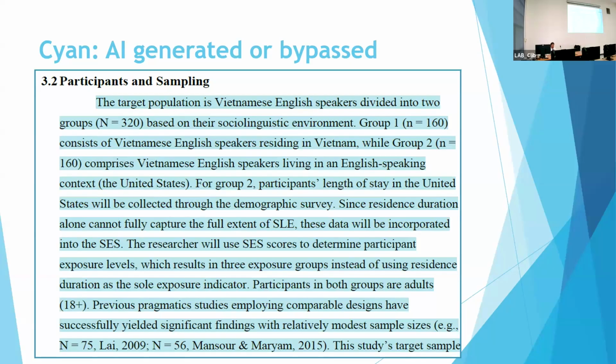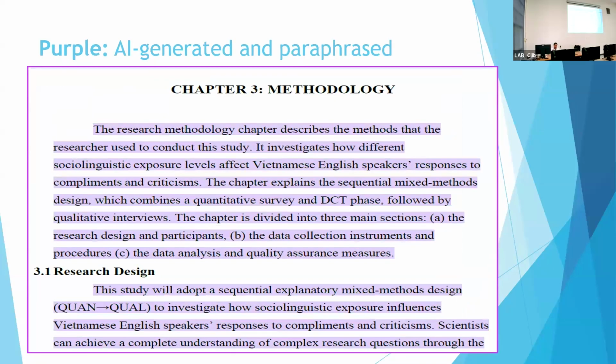And another one, if you use Grammarly to paraphrase or a humanizer, they will highlight in purple. Purple shows you started from the generated text and you used another AI paraphrasing tool to paraphrase, same as a humanizer or human writing. So this one, Turnitin can detect.